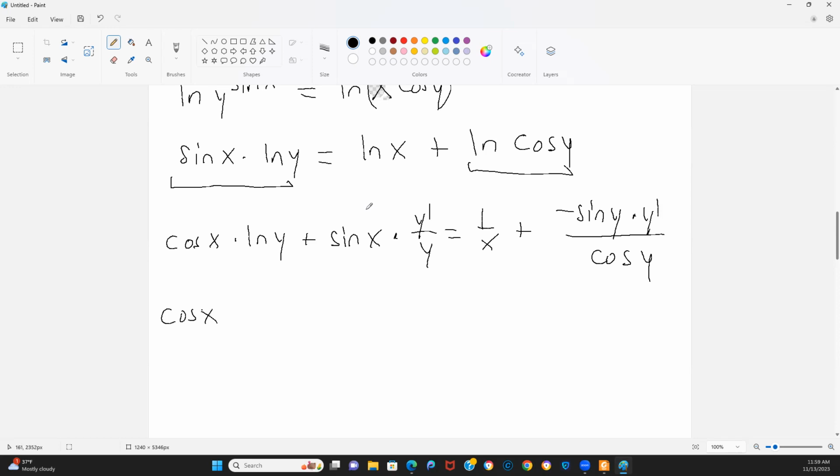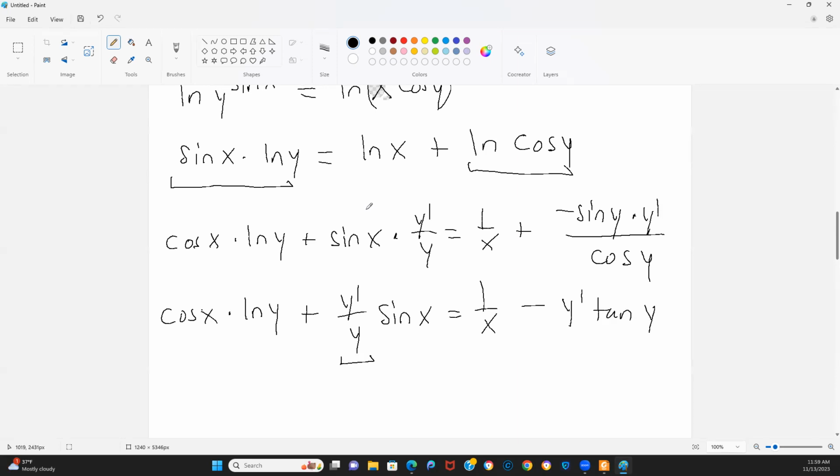So we'll write this as cosine x times ln y plus y prime over y times sine x is equal to 1 over x. This will be minus y prime times tangent y.